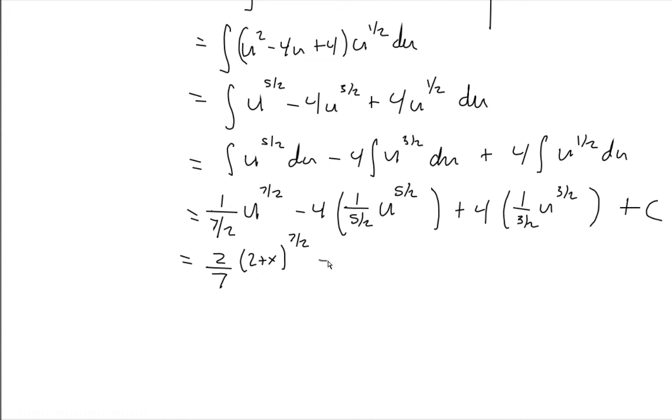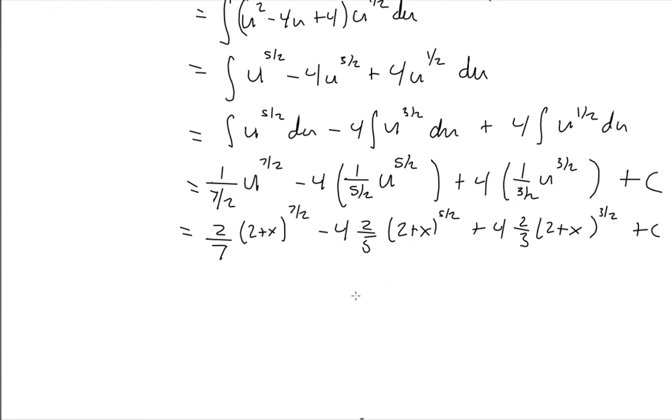This becomes negative 4 times, if I flip, 2/5 u to the power of 5 halves, and of course u is just 2 plus x, to the 5 halves, plus 4. Again, flip and multiply, so I end up with 2/3 times 2 plus x to the power of 3 halves, plus a constant.